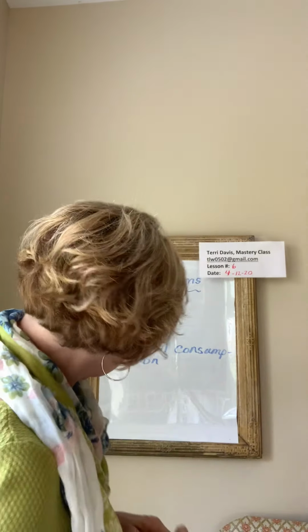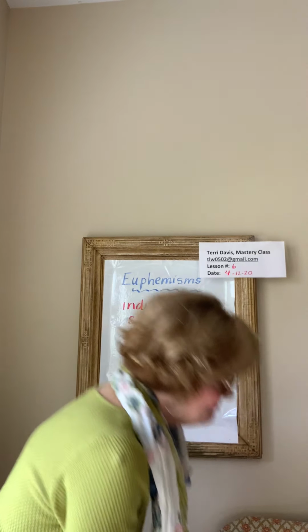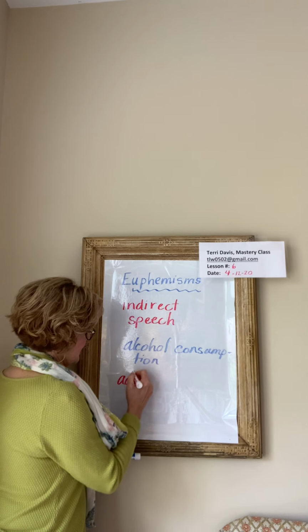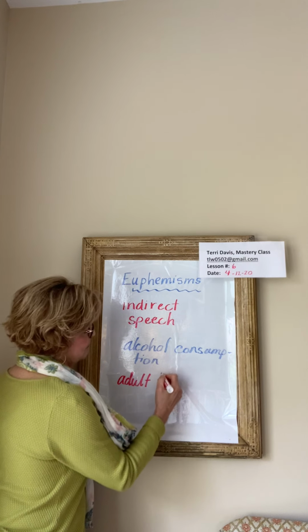So a lot of times people will avoid saying, "I like to drink alcohol," or, "I'm going to go have some alcohol with my friend tonight at the bar." You might hear people saying instead, "I'm going to go have adult beverages."